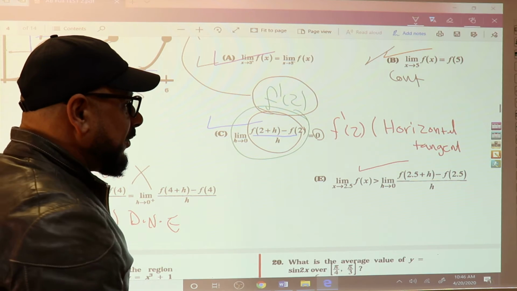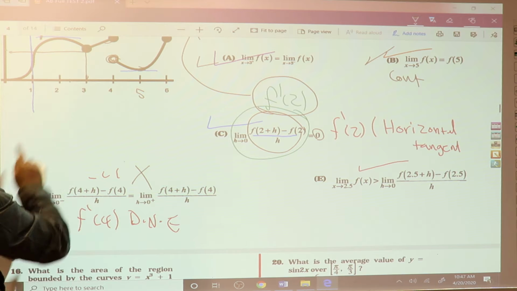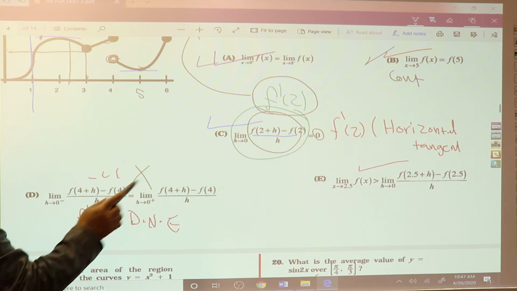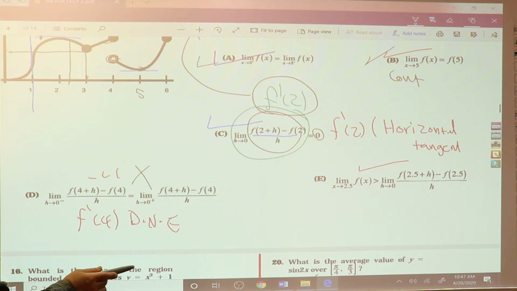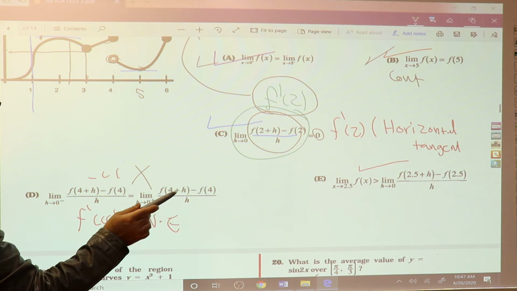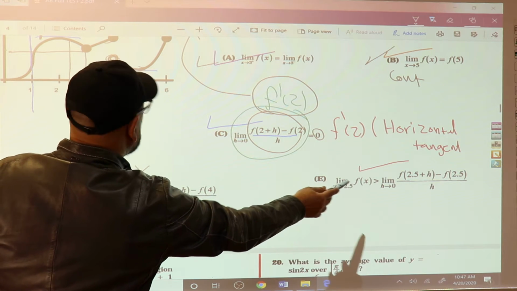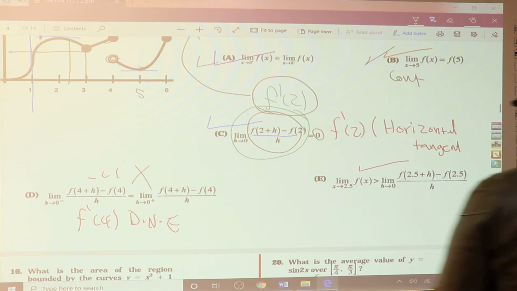The limit at 2.5, where 2.5 is here, and greater than what? That limit is good and the derivative, right? It's true. Why? Because the limit is not the derivative.